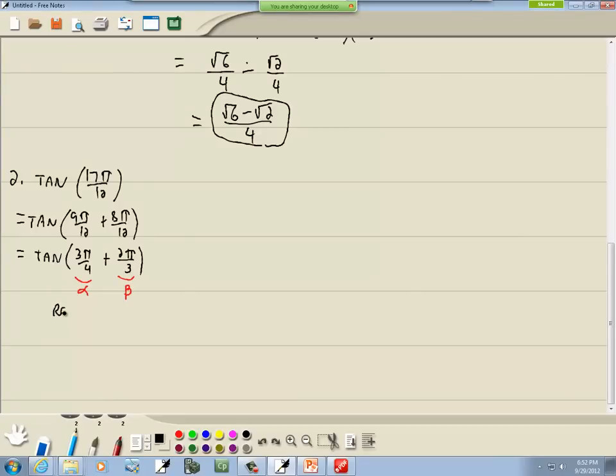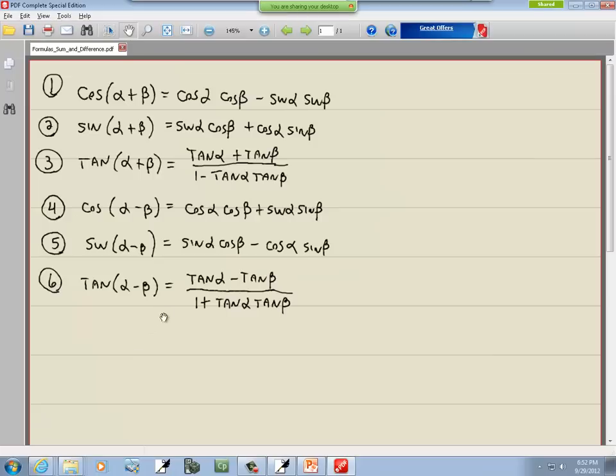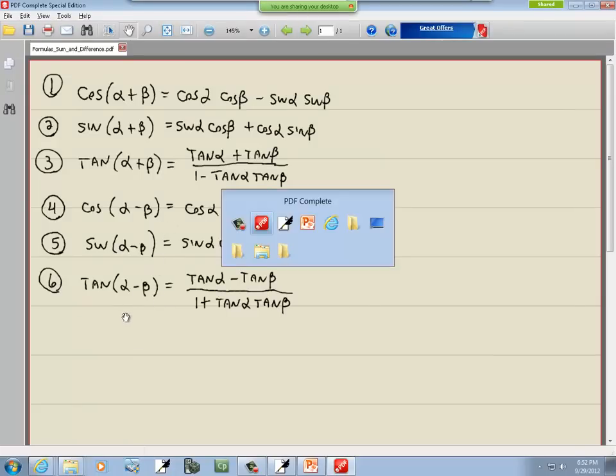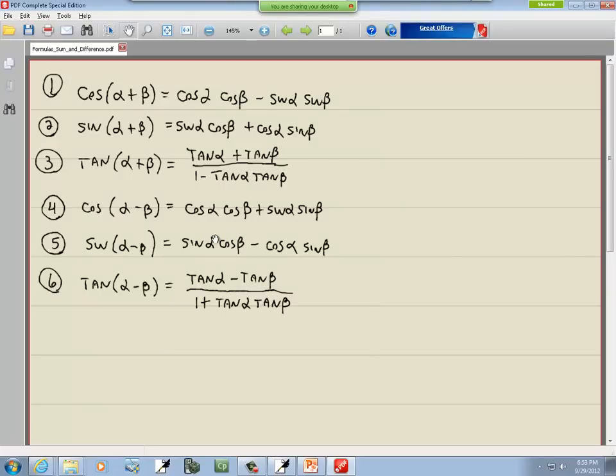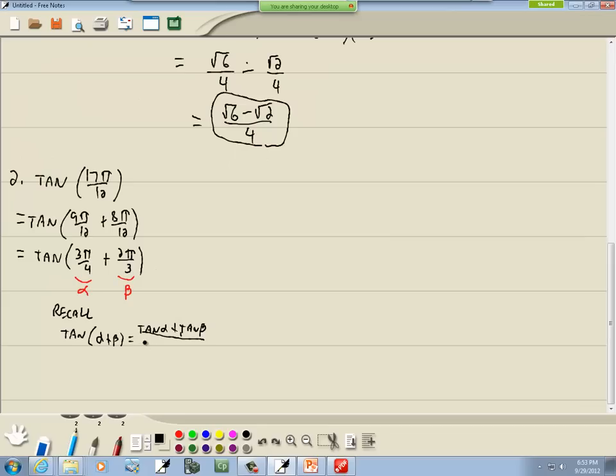And so recall tangent alpha plus beta is equal to tangent alpha plus tangent beta over 1 minus tangent alpha tangent beta.